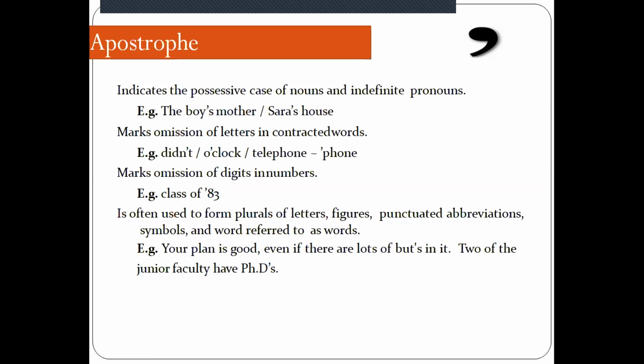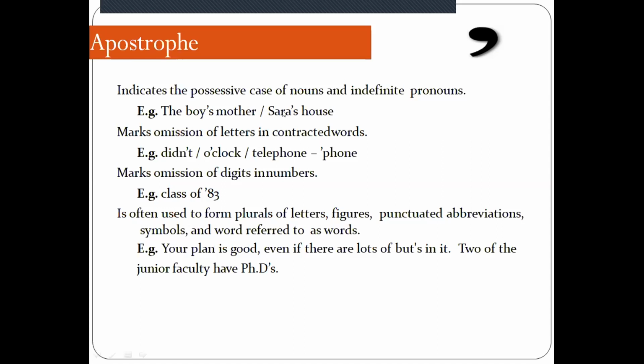Possessive means ownership. For example, the boy's mother, Sarah's house. The boy's mother means the mother belongs to the boy. So we put apostrophe S when it is singular.